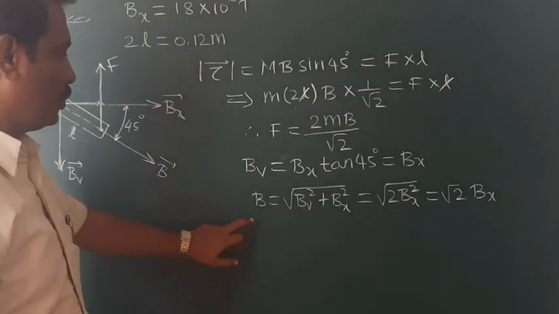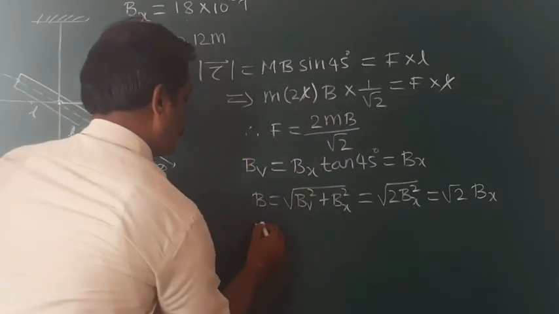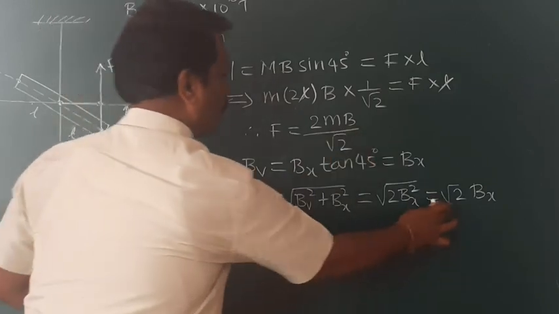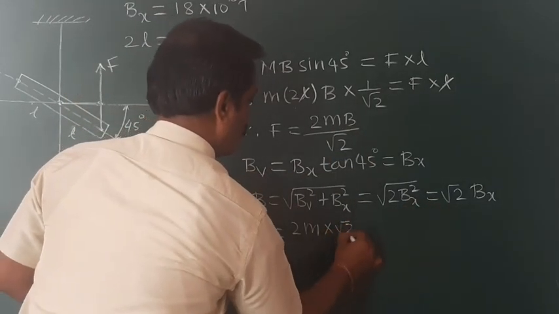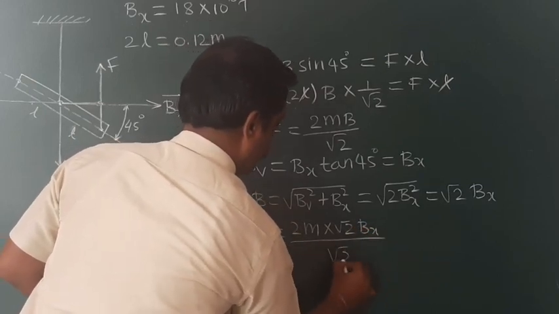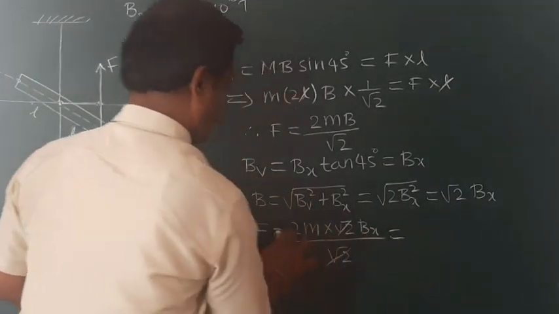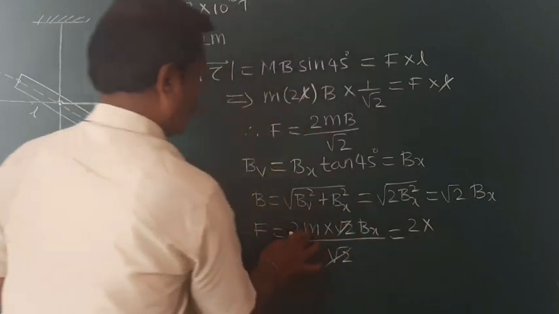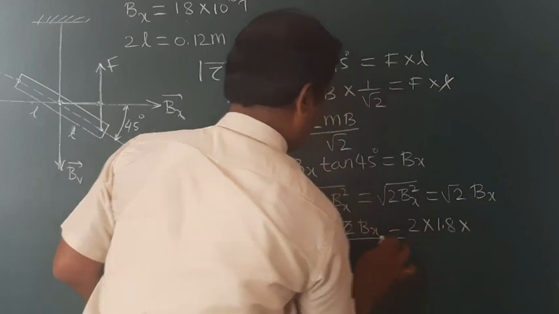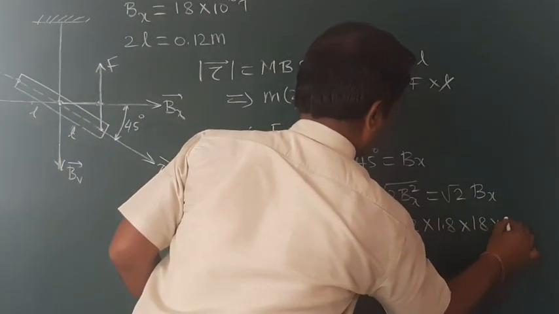that is equal to root 2 Bx. So now we substitute this B here, then we will get F equal to 2m, and in place of B I will write root 2 Bx, divided by root 2. Now root 2 gets cancelled. Now you substitute the values. 2m value is 1.8 into Bx value, 18 into 10 raised to minus 6.